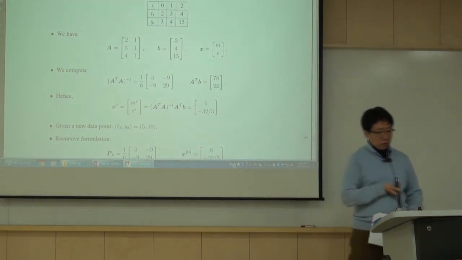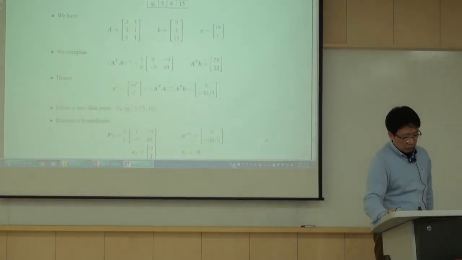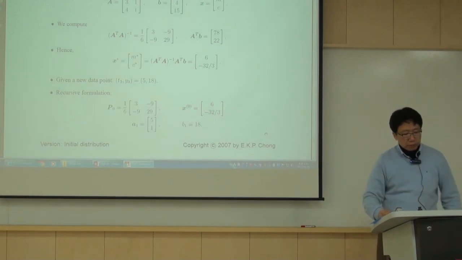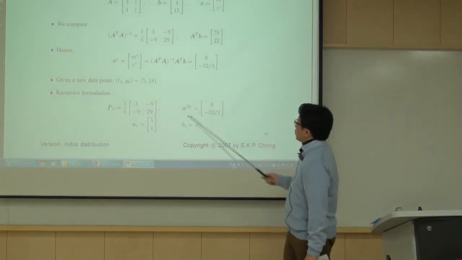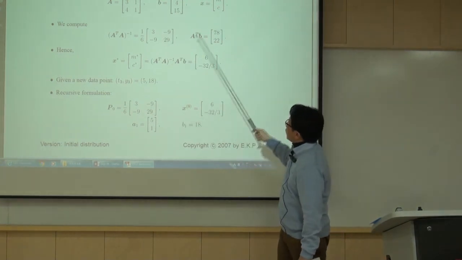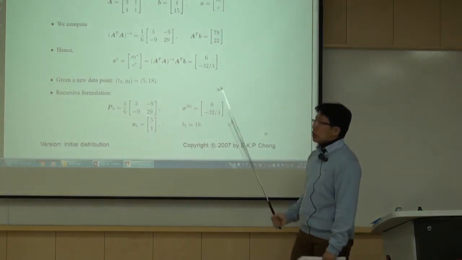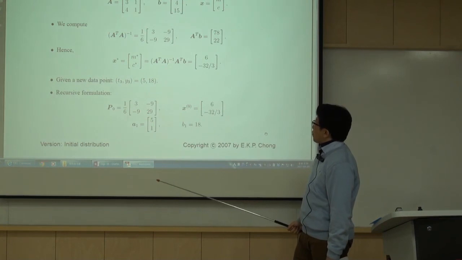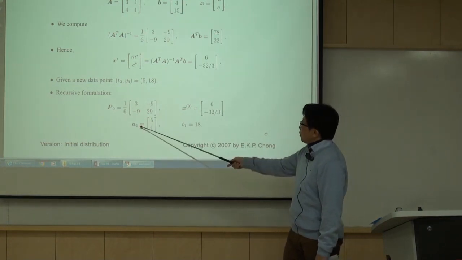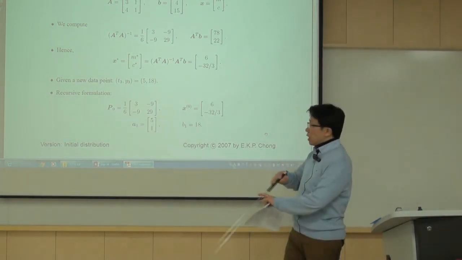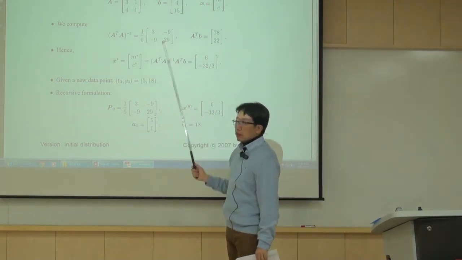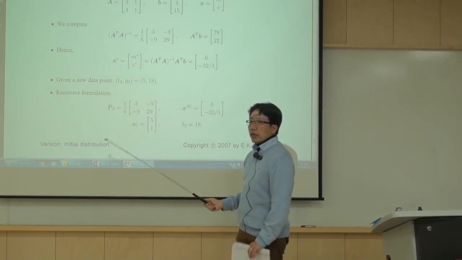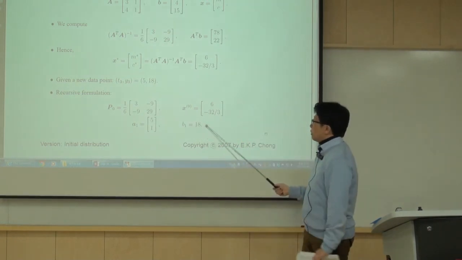Now let's update our guess of the parameter. So this is exactly the initial one. Now A1 transpose is 5, 1, because this is 5, and B1 is 18.